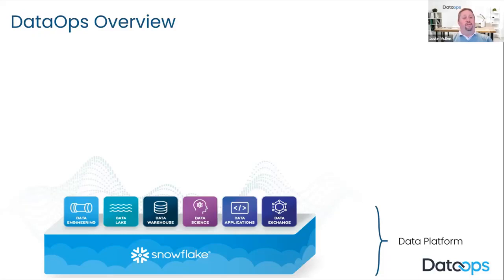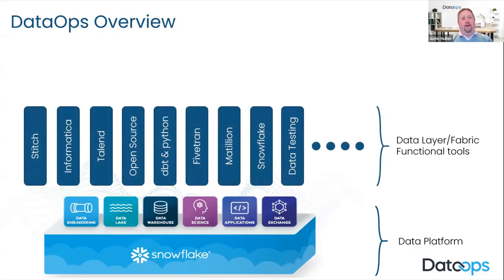If you think of Snowflake holding a lot of the data that you'll want to protect and govern, you'll want to interact with that with all of the usual suspects, the great solutions out there: Stitch, Informatica, Talend, Fivetran, and even open source solutions like DBT and Python and various others to drive and manipulate data in and around the Snowflake platform.